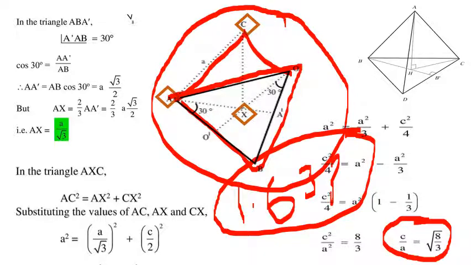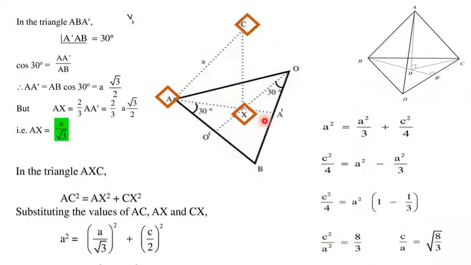It's a simple Pythagoras theorem where you can find each edge and substitute in the right angle triangle formula. So easily you will find the c by a ratio as 1.633, and you will easily get 6 marks.